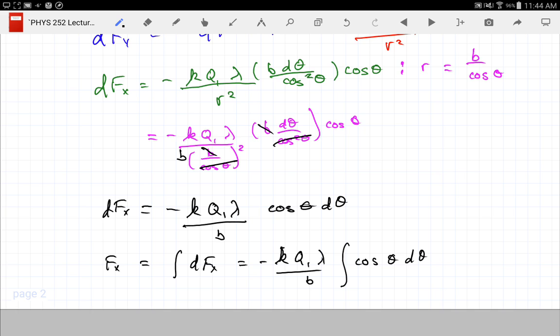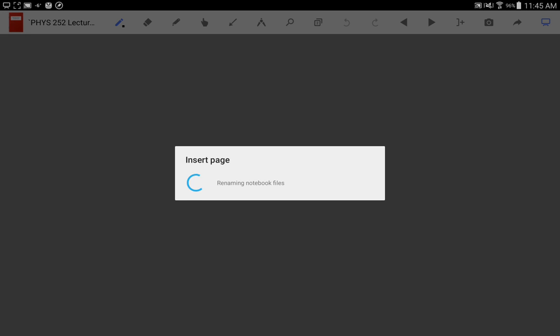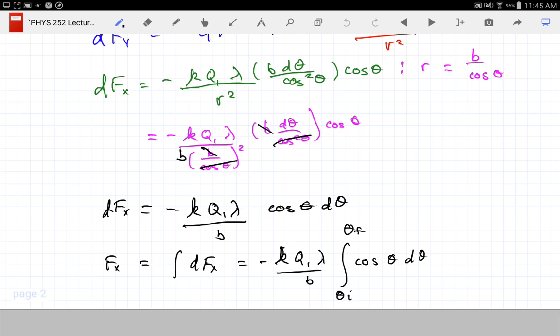I have limits on my angles. And so I'm going to put here from theta initial to theta final. And after I do the integral, which of course is a one-stepper, then I will look at how those limits play in. So if I take this, and I have to first copy it so I can put it on the next page. Apparently I'm going to copy it with some other junk.